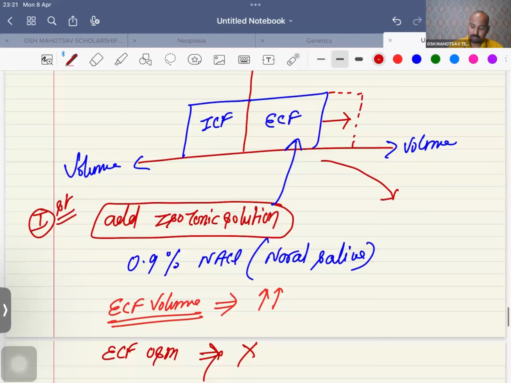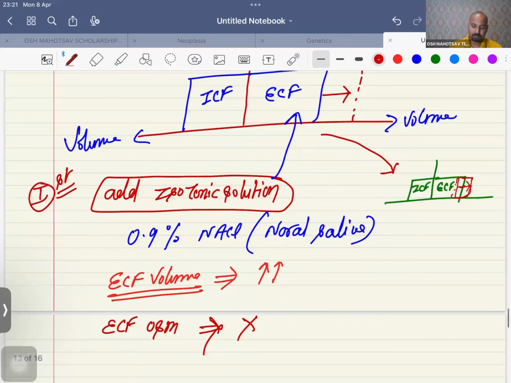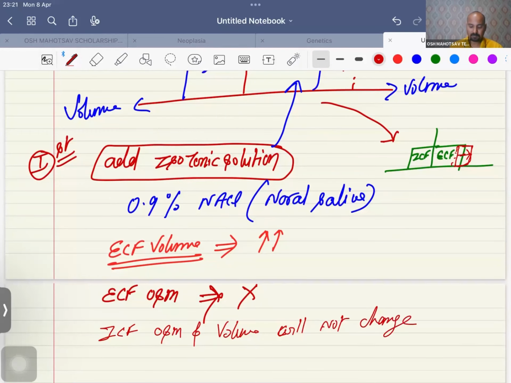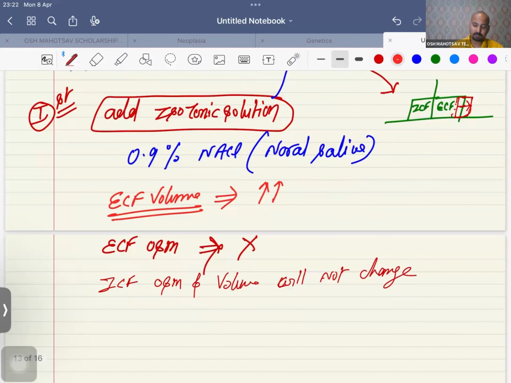We can draw here the same ECF and ICF, and on this side only volume is increased. Okay, so ICF will not change. ICF osmolarity and volume will not change.